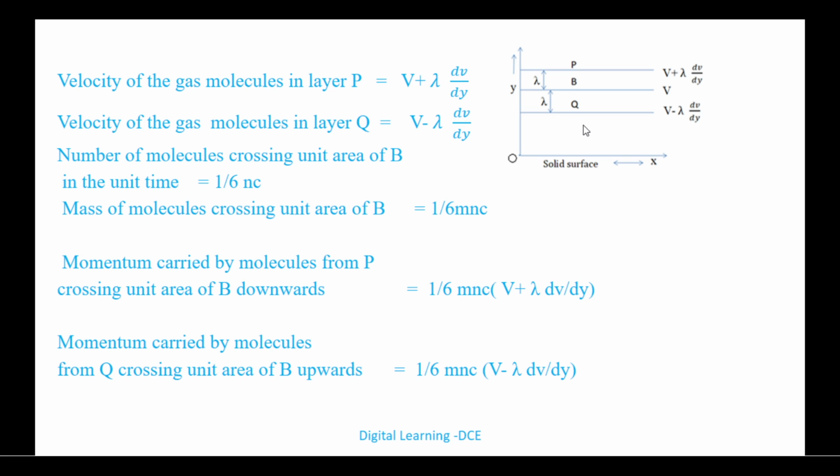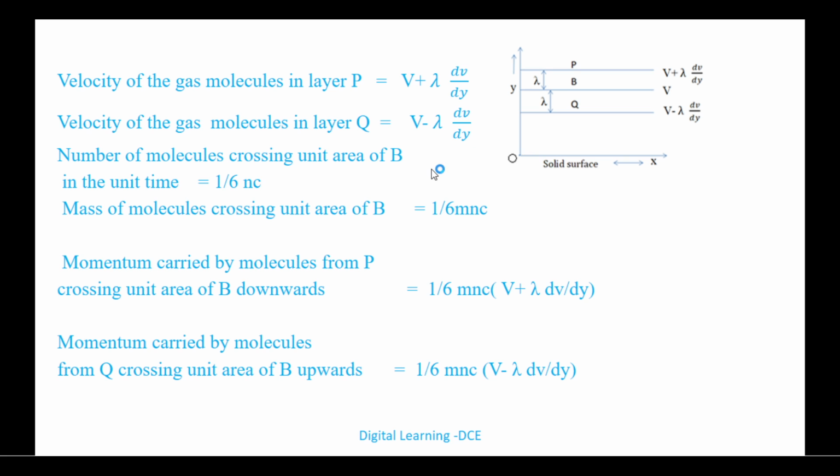Similarly, the velocity of the gas molecules in the layer Q is V minus lambda dV by dy. These terms represent the velocity of the gas molecules in those particular layers.